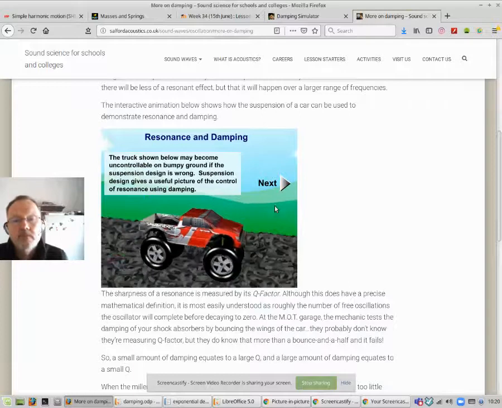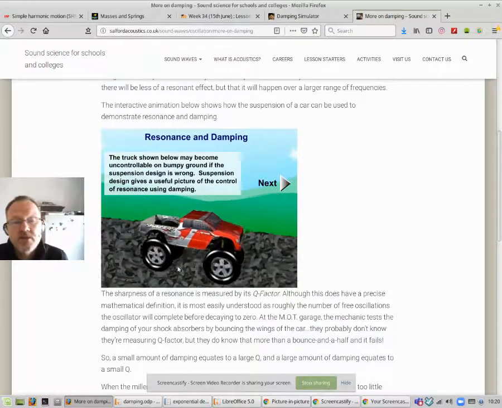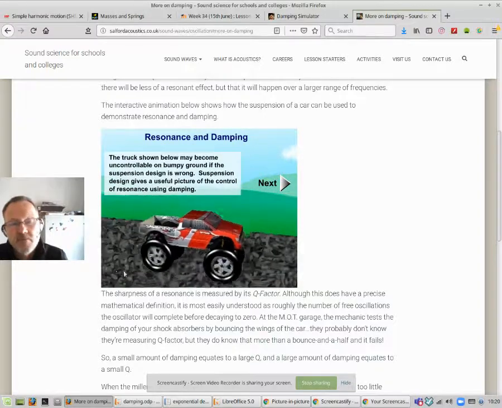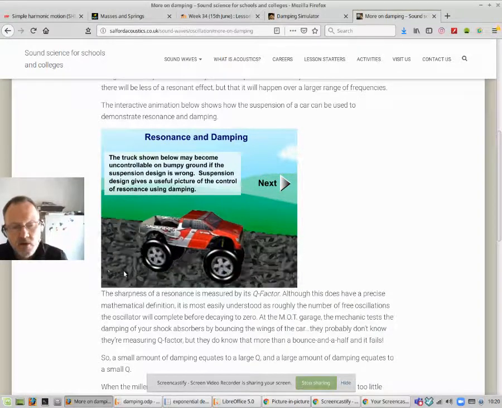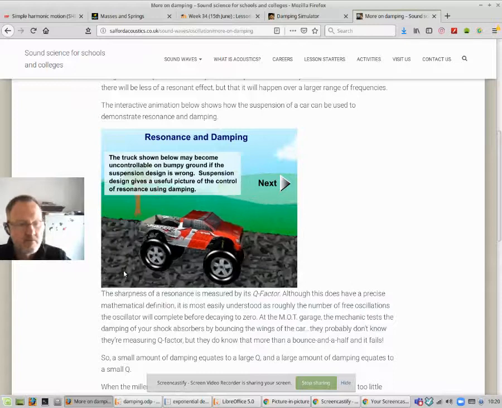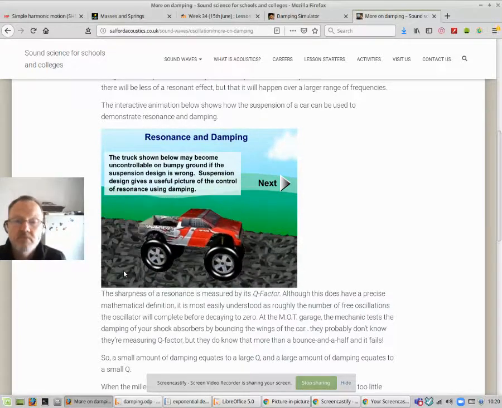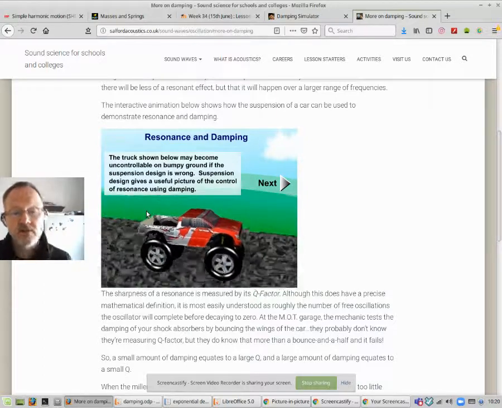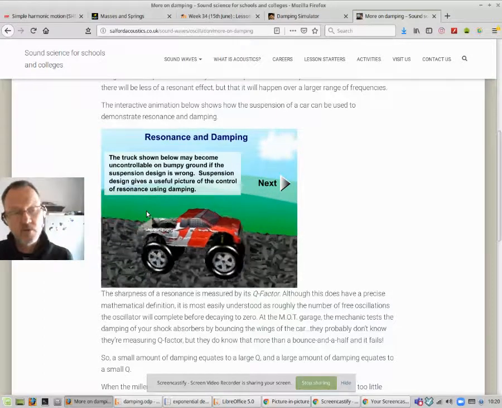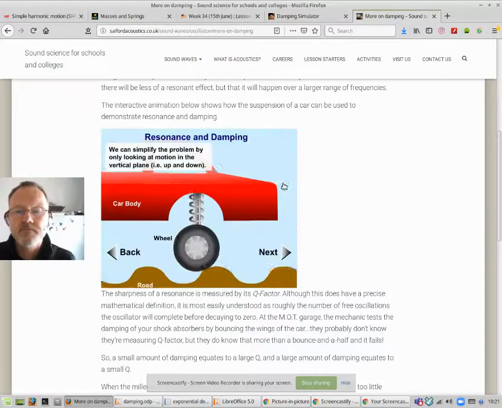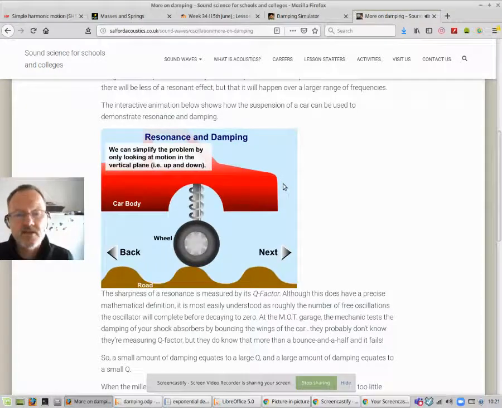So we've got a truck. Now imagine that we have a truck on a rather bumpy surface. The bumps, if you like, are causing a driving frequency. If you're going at one particular speed, you might be hitting bumps at a certain rate, and that would then be causing the truck to oscillate like this.